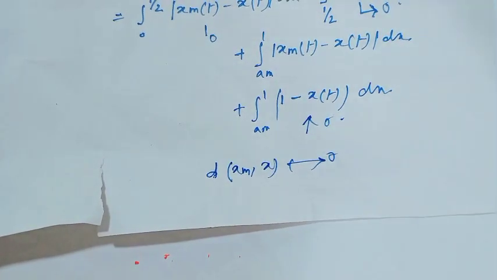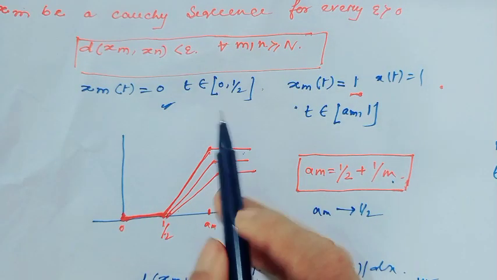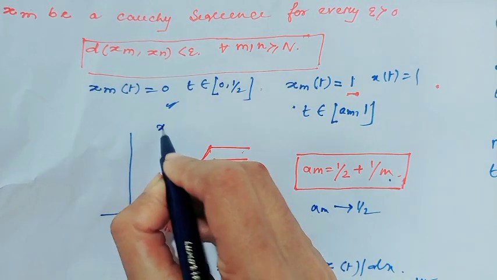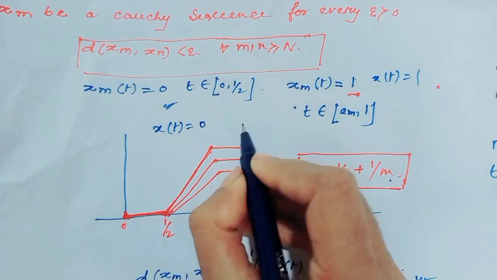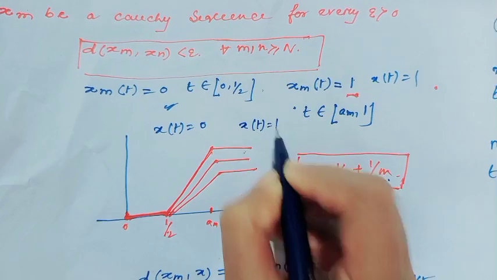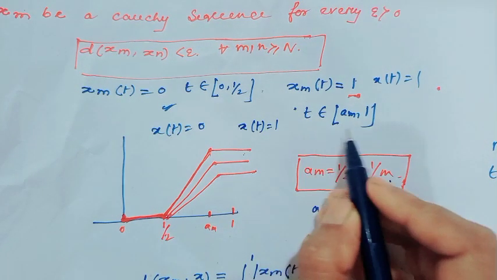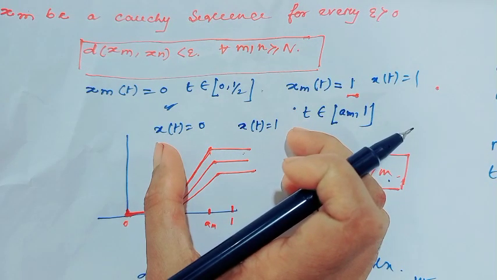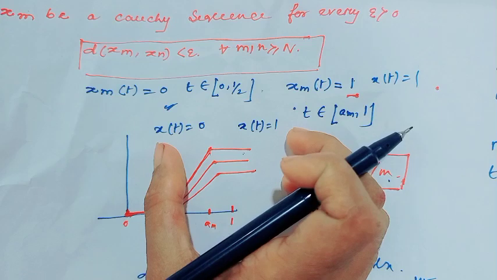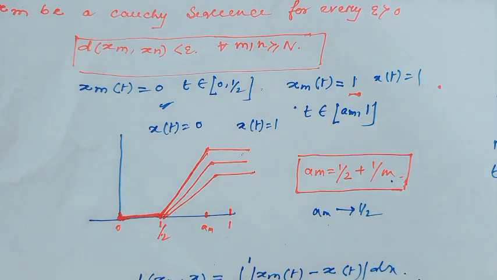Okay, but the value of x(t) is 0 when t belongs to [0, 1/2] and x(t) is 1 when t belongs to (1/2, 1]. Therefore, from this expression we can tell x(t) is not a continuous function.